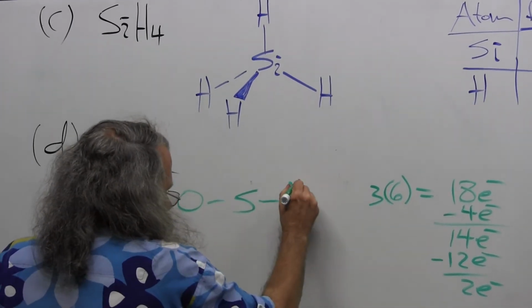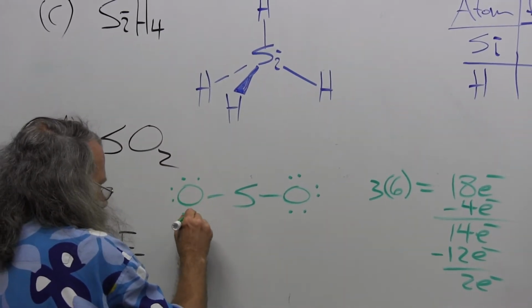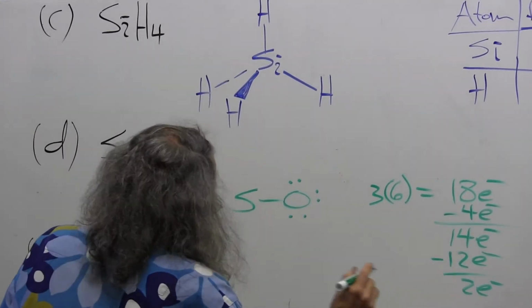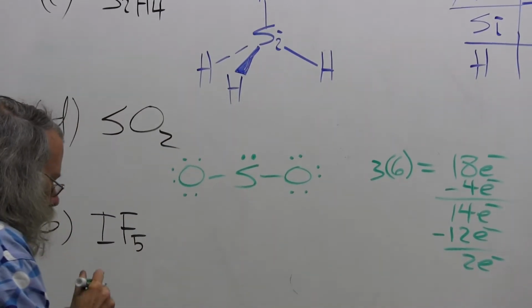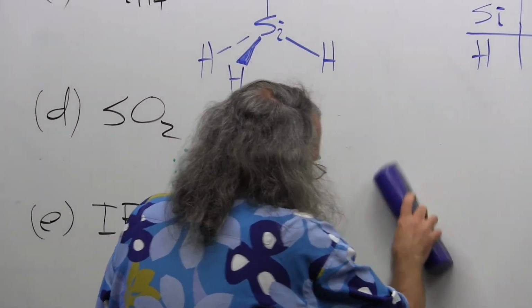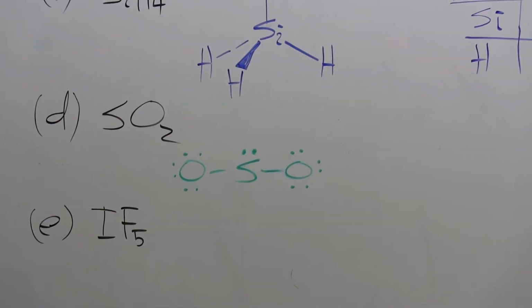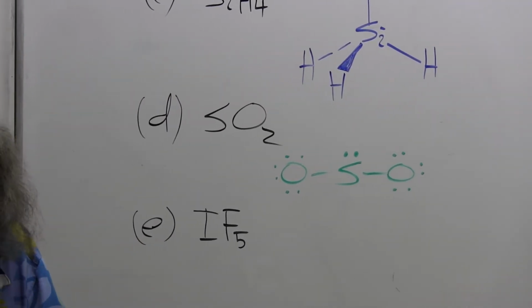So I'll do 1, 2, 3, 4, 5, 6, 7, 8, 9, 10, 11, 12, and I've got 2 electrons left over, which I will place on the central atom. So we're done distributing all the electrons. It's essential that you follow this sequence religiously because of what is about to occur.